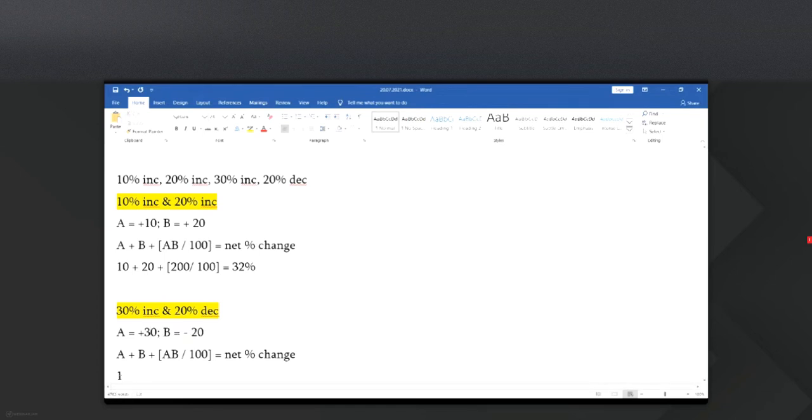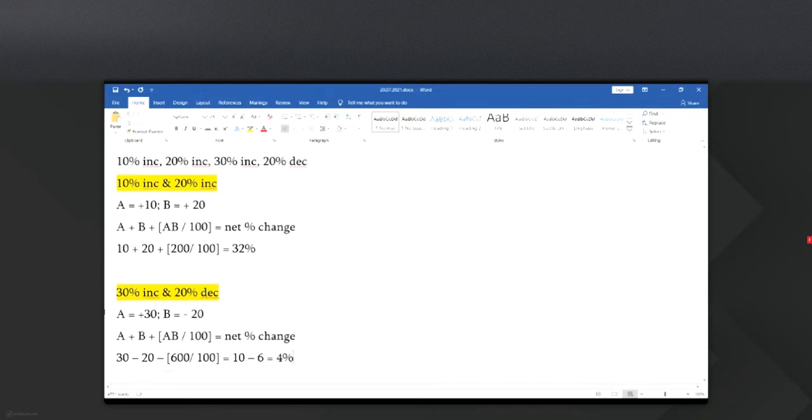So this here would be 30 minus 20 minus 30 into 20 is 600. 600 divided by 100 will give me 30 minus 20 is 10, minus 6, which will give me 4 percentage. So the net change for the first is 32 percentage, and the net change for this is 4 percentage.